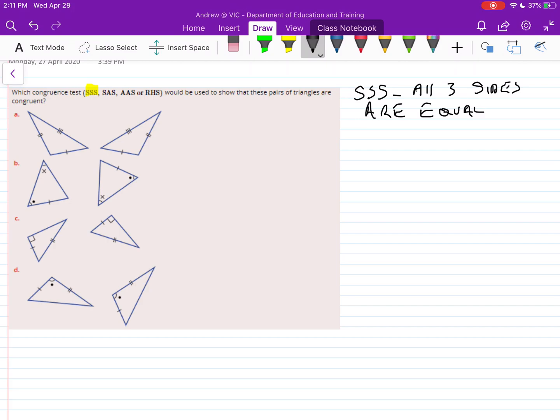SAS, we have two pairs of corresponding sides are equal, and the angle inside it is equal.